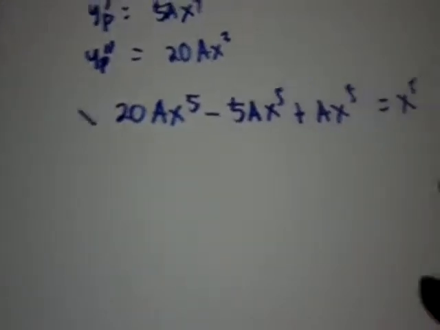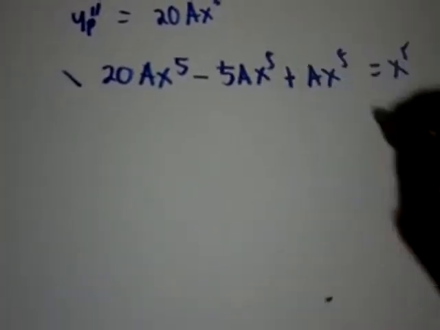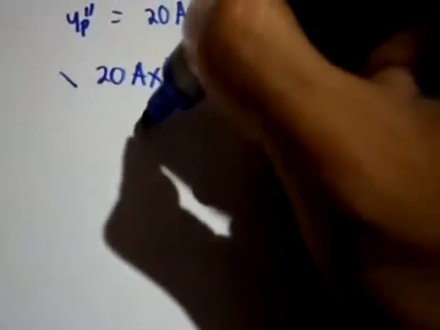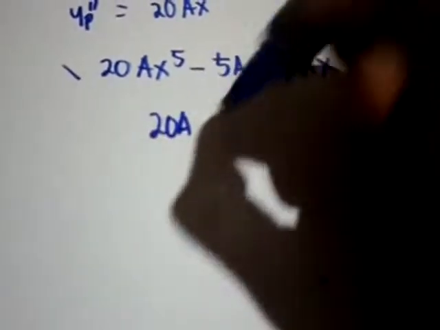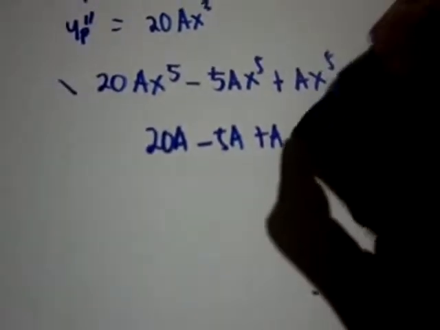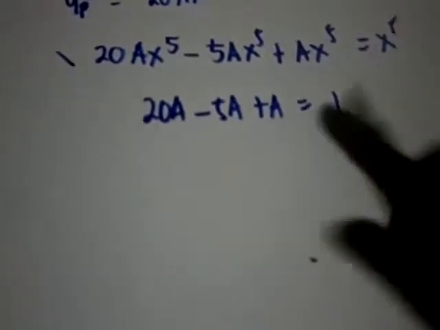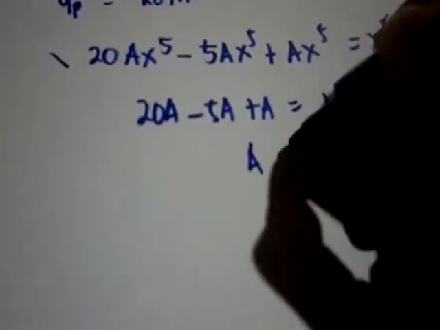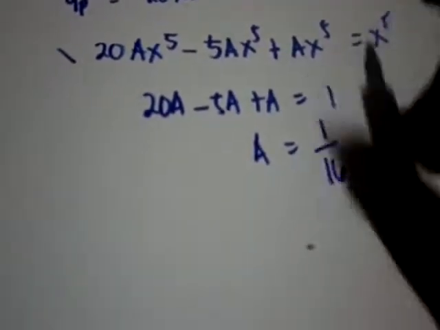So equating the coefficients, we have 20a minus 5a plus a is equal to 1. So our a is equal to 1 over 16.